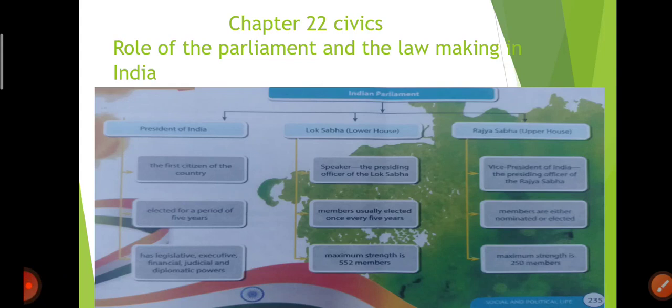Now, the constituency, opposition, and the coalition. These are the key terms we will discuss here. First is the constituency. The Election Commission divides the whole country into small areas for the purpose of elections. These are called constituencies or electoral constituencies.